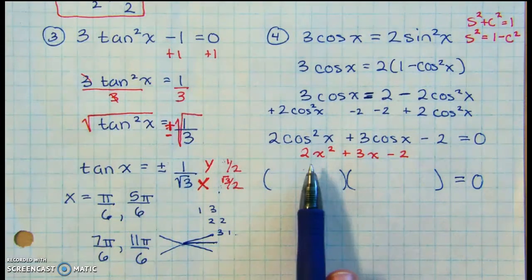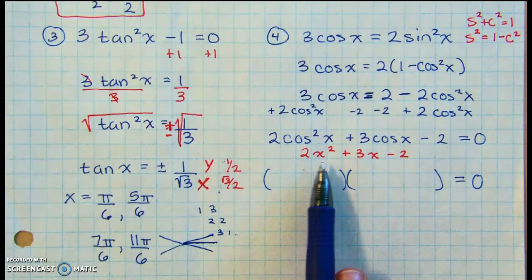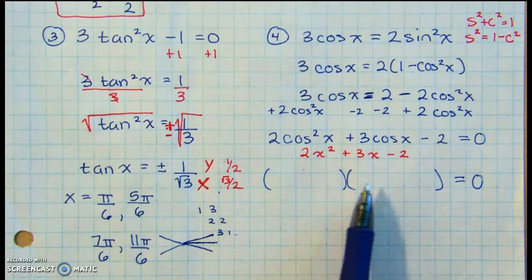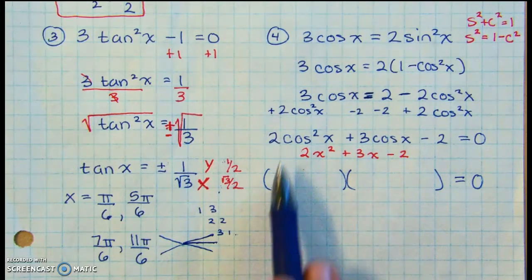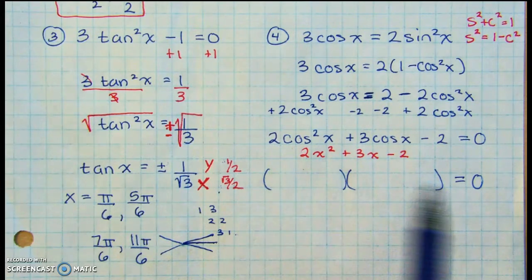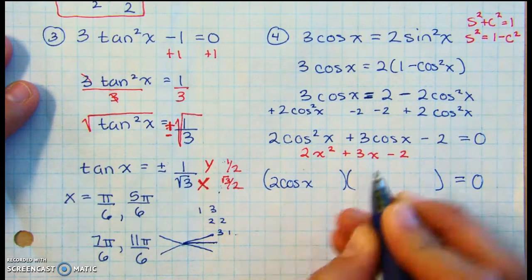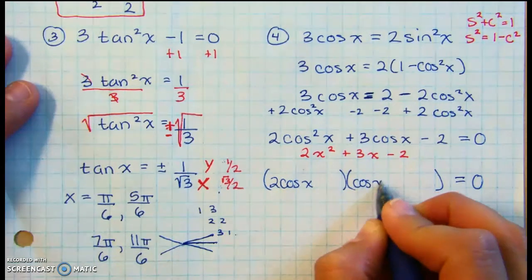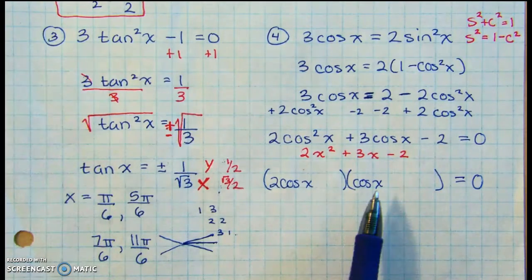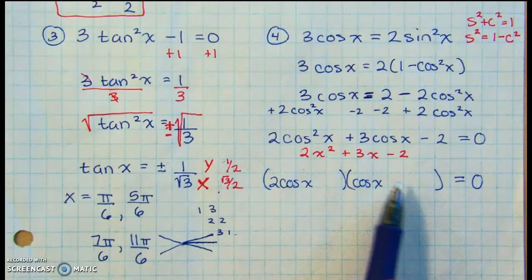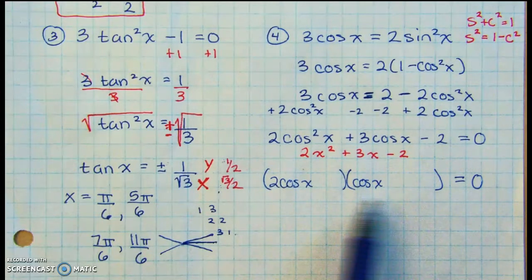So what multiplies to get 2x squared will be a 2x and an x, yeah? But we're just going to write 2 cosine. So we have 2 cosine and cosine. And then what multiplies to get negative 2? 1 and 2, right?